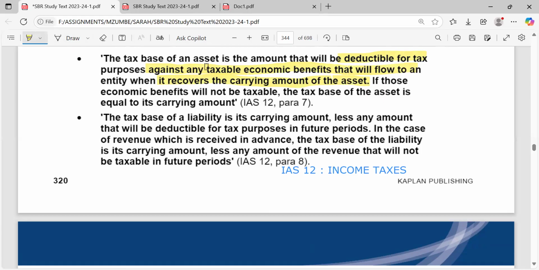And in case those economic benefits are not taxable, the tax base of the asset is equal to its carrying amount.